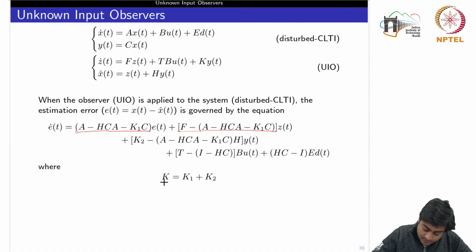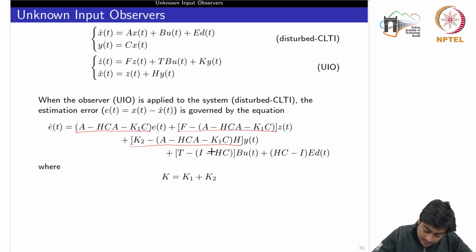Here we have introduced K as equal to K1 plus K2 in this equation, and finally I can write this as some matrix times y(t), some matrix times u(t), and some matrix times d(t).